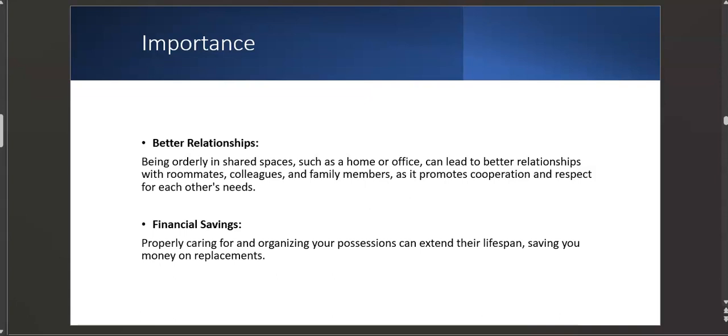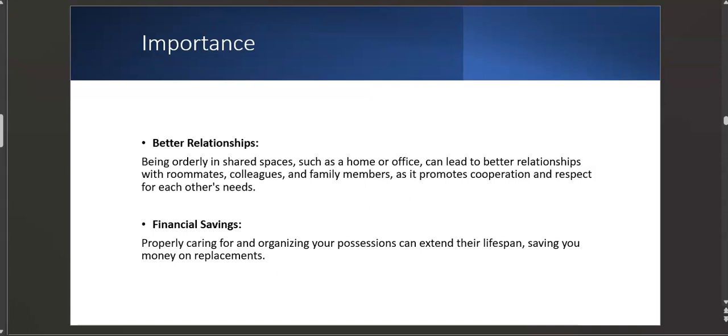You know where your things are, so you avoid taking your friends' or colleagues' things. Now this will make you have a better relationship with your colleague, because everyone respects each other, and everyone respects each other's property.